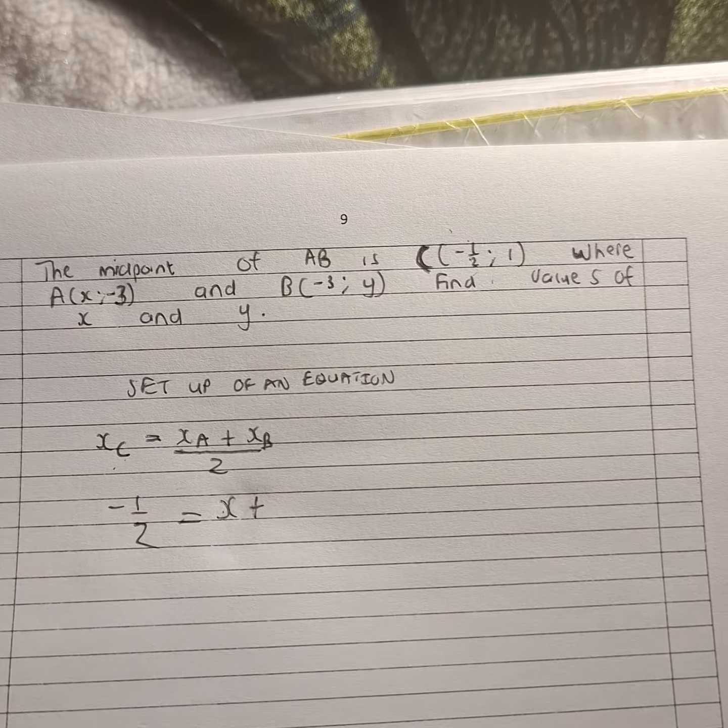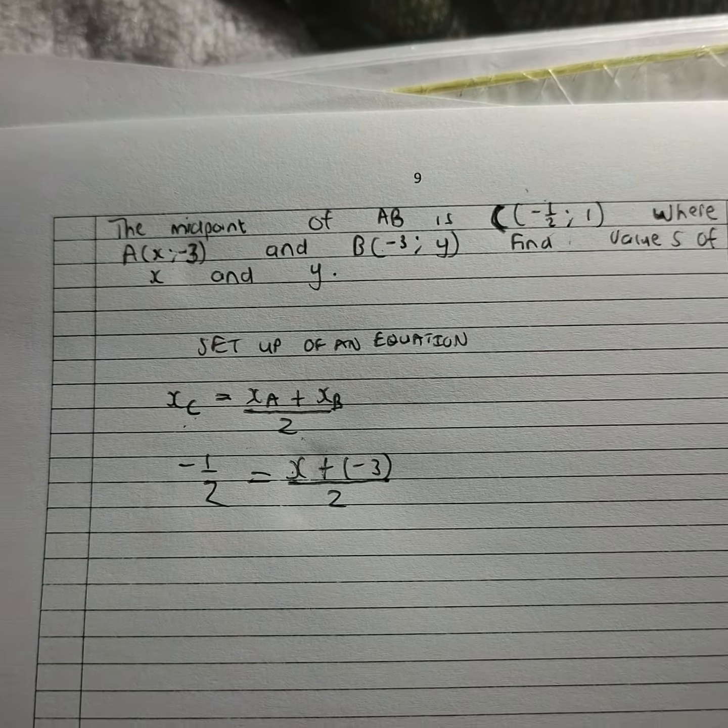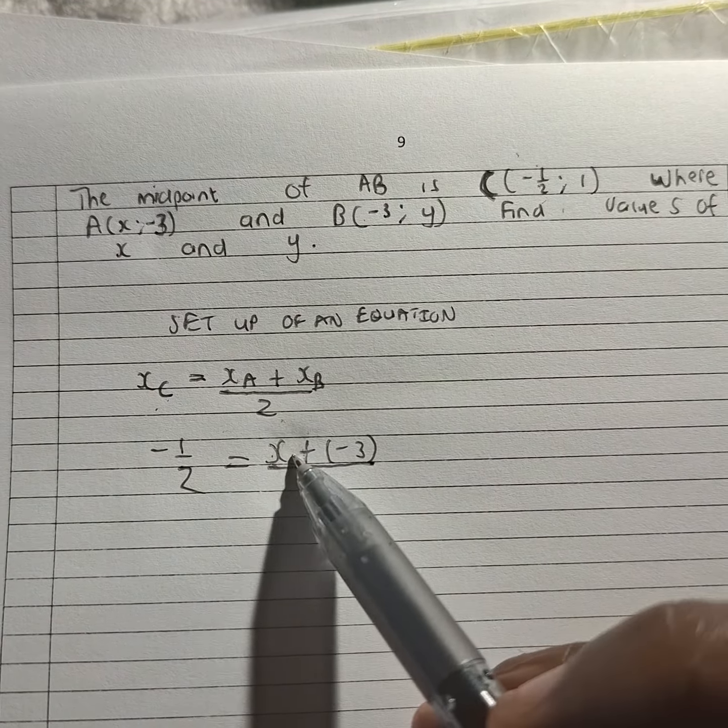Plus, what's the x coordinate of B? It is given to me. It is -3, divided by 2 as per the formula. Now I think we can solve for the unknown x.